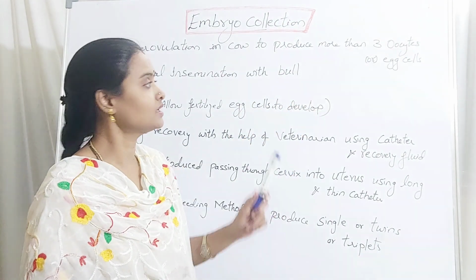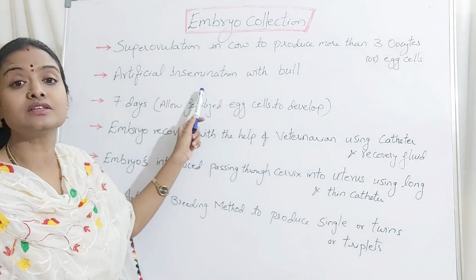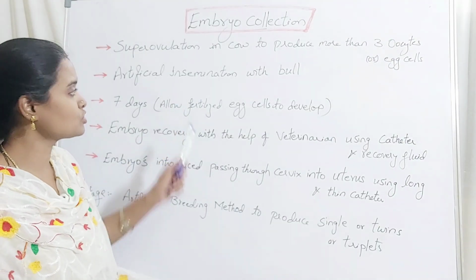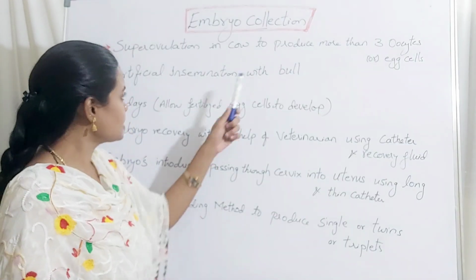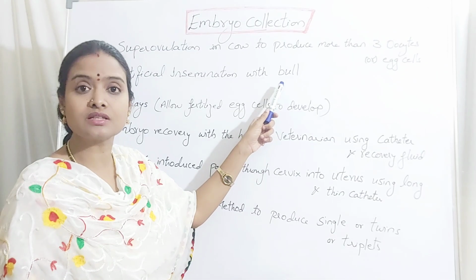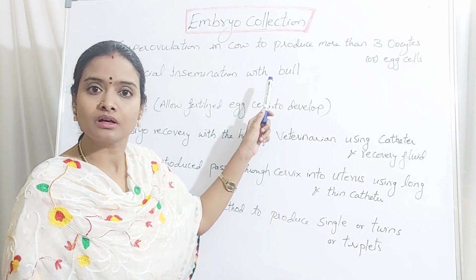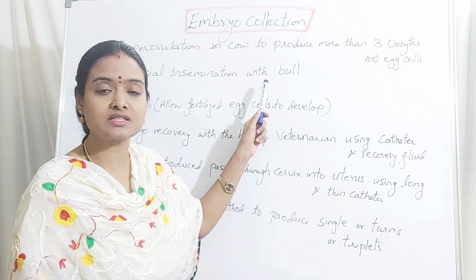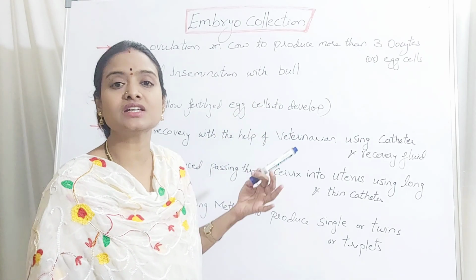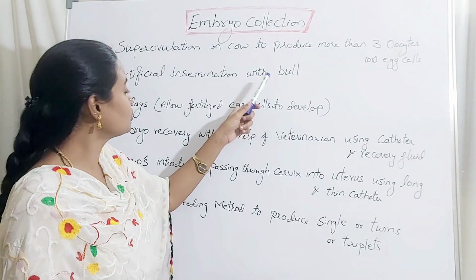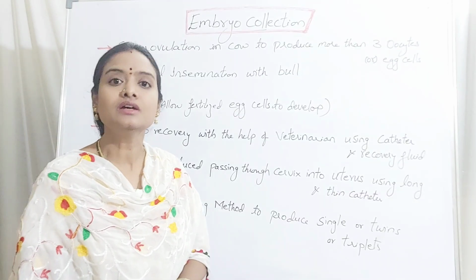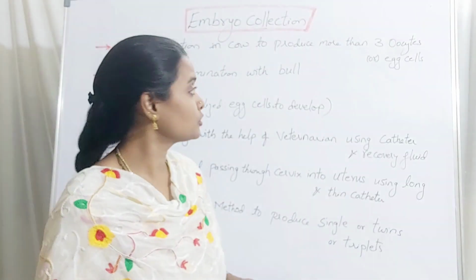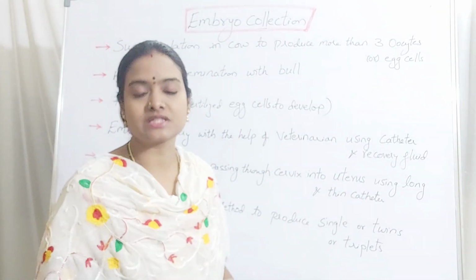After that, it is the artificial insemination. Again, this also we have discussed in the last class, where you collect the semen from the bull. Again, this must be a superior quality bull, having superior quality genes. So you select the bull, collect the semen and then separate the viable or active sperm cells.